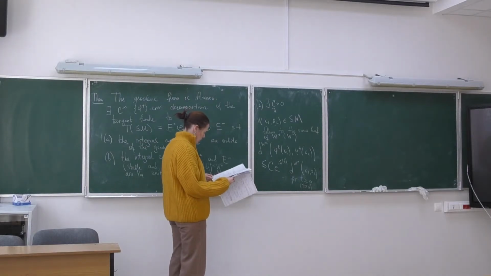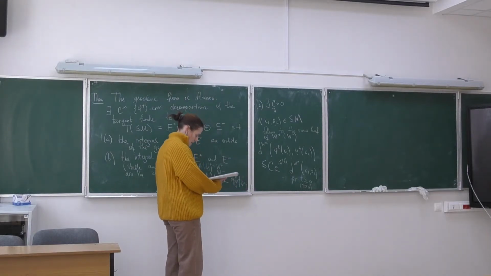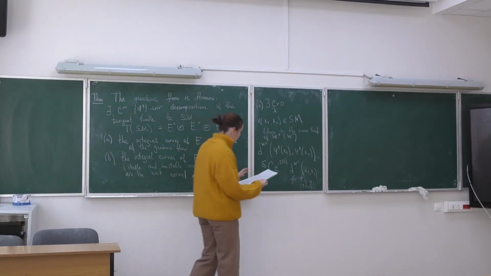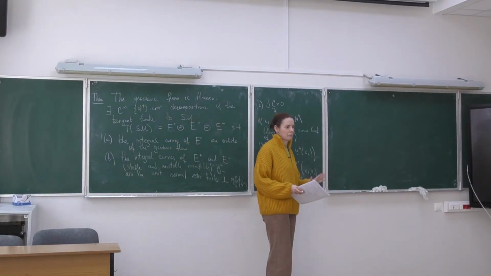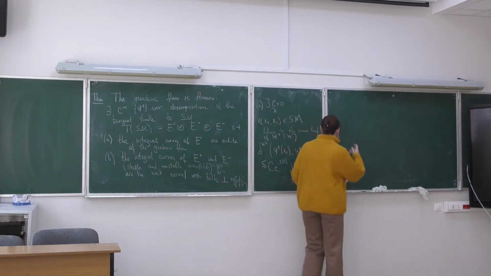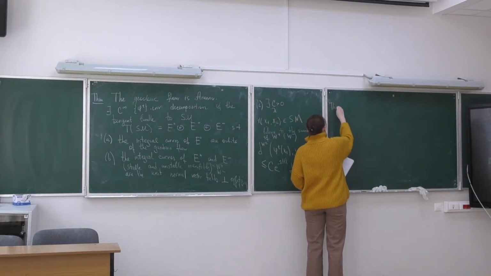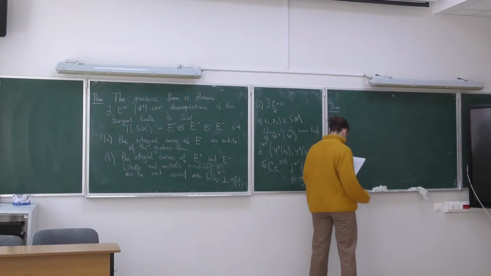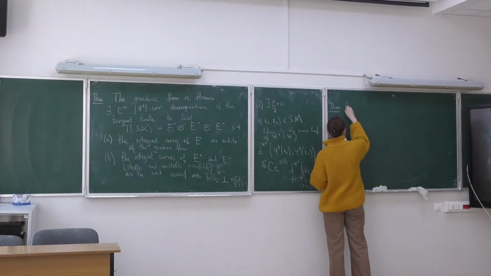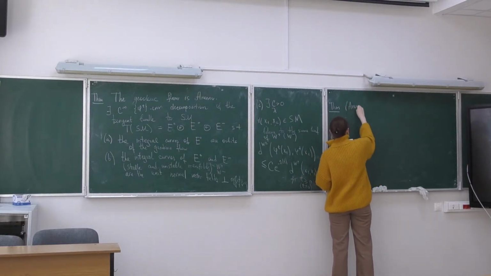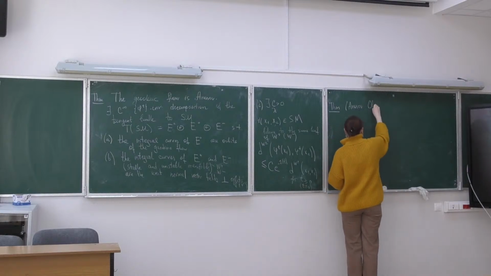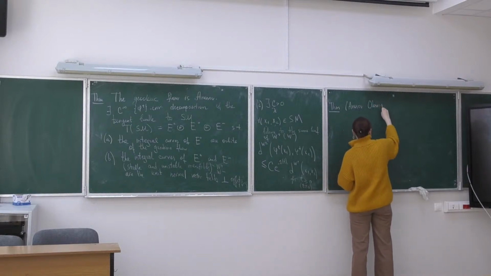And then I announced three statements. The first was having even a personal name. It was called the Anosov closing lemma. We did not prove it yet. That's what we are going to do more or less now.